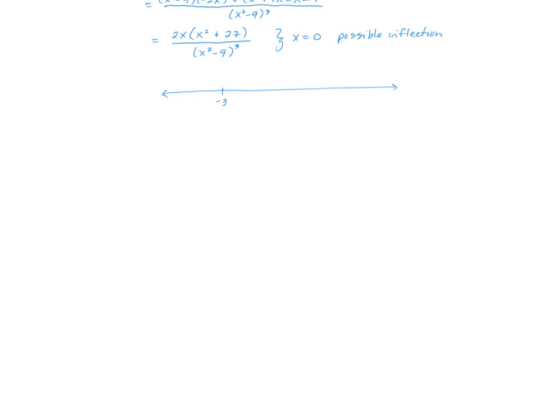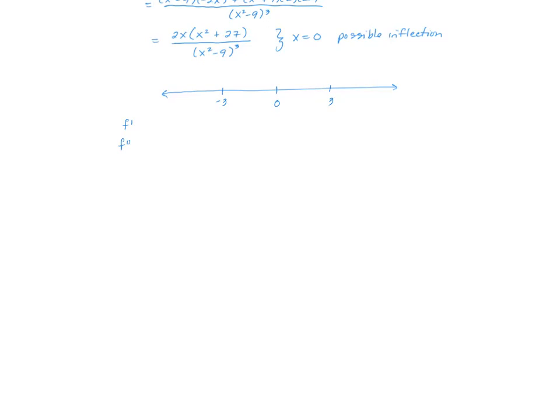So I want to see how my graph is going to behave on either side of my vertical asymptotes. So I'm going to put in -3, the possible inflection point of 0, and +3. And I'm going to look at my first derivative and my second derivative.